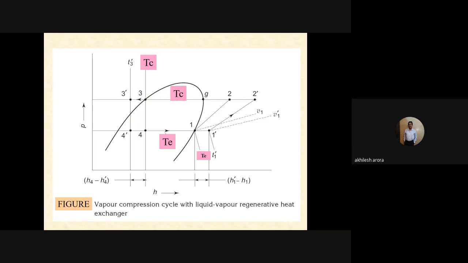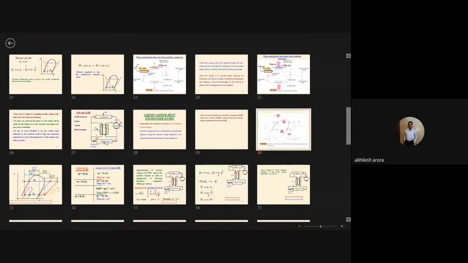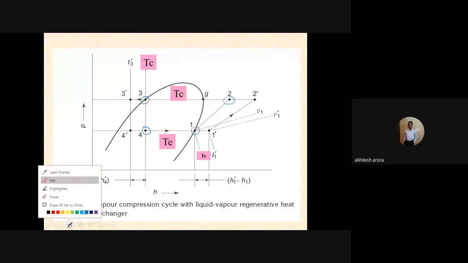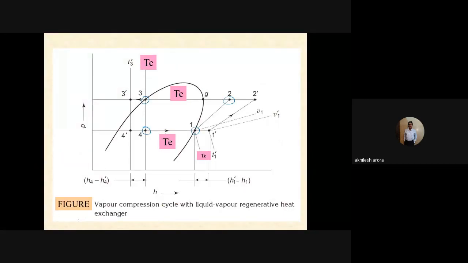Now, this is the cycle which shows the liquid vapor heat exchanger installed in the existing system. The existing cycle is 1, 2, 3, and 4. After I have installed this liquid vapor heat exchanger, the cycle changes to 1 dash, 2 dash, 3 dash, and 4 dash.